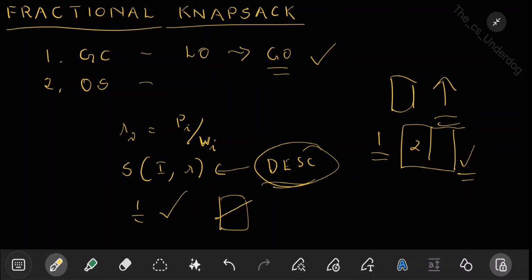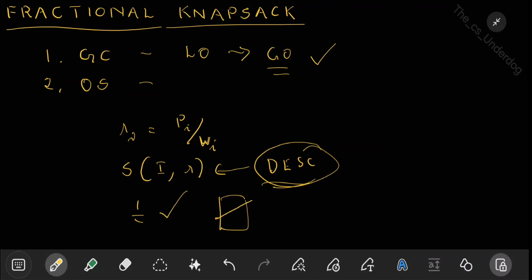What about the optimal substructure here? Optimal substructure says, in order to construct the optimal solution, you should be able to break the problem into smaller sub-problems, and then solving the sub-problems should lead you to the final solution. So here, you are converting it into multiple sub-problems where each sub-problem is finding the best profit by weight ratio element that is remaining.